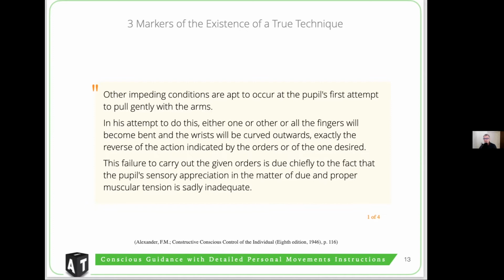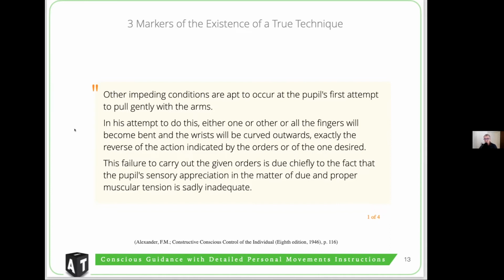Alexander explained that there are impeding conditions. It's a strange thing to say. Something wrong is happening. He says that in his attempt to do this, either one or the other of all the fingers will become bent and the wrist will be curved inward.